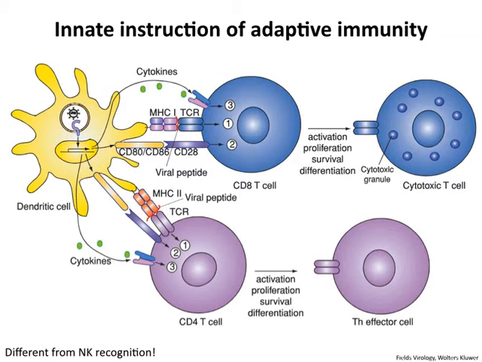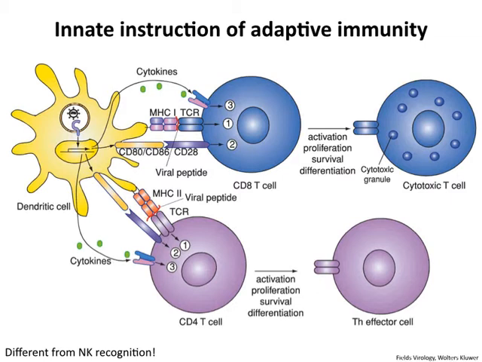So here is an image showing how the dendritic cell is instructing adaptive immunity. So our dendritic cell has just returned from patrolling a mucosal layer where it has picked up some viral material. And here you can see there's an endosome containing a virus particle. It could be virus proteins. It could be apoptotic bodies.